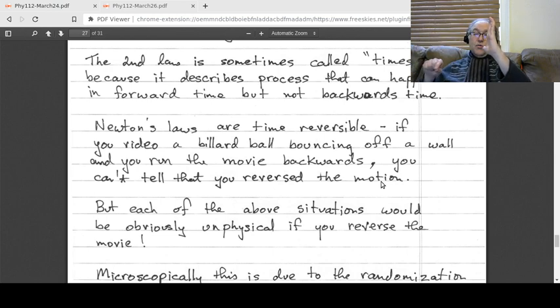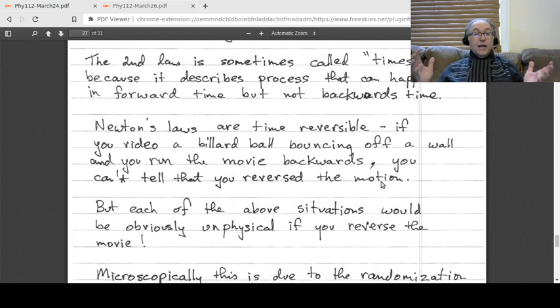If you run that movie backwards, boink like that, you can't tell. It obeys Newton's laws whether you run it forwards or backwards in time. You can't tell if that movie is running forwards or if someone has reversed it. Newton's laws are totally time reversible, meaning if I take t and replace it with minus t in Newton's laws, they still are totally valid.